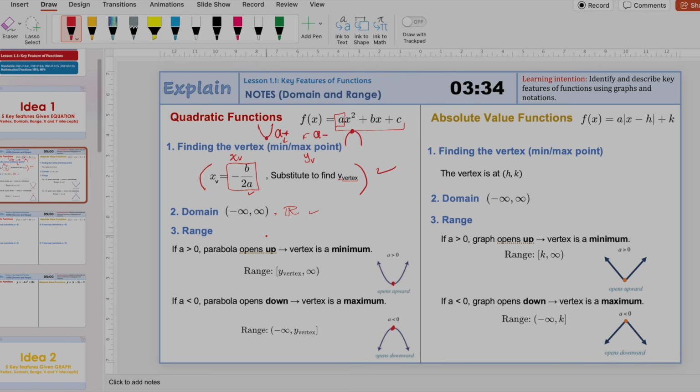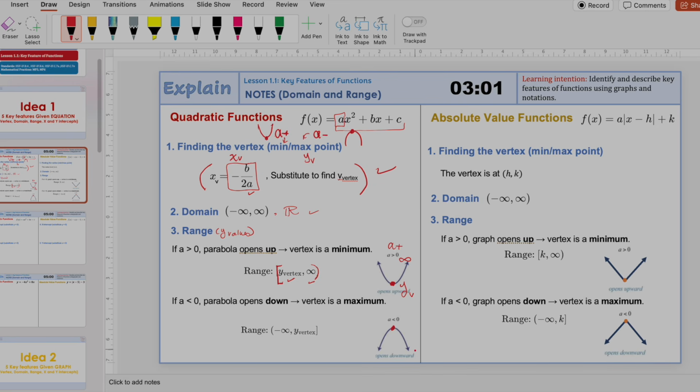Okay, the range is 2 types, either for when it's open upward or downward. If it was open upward, means that my a is positive. The range will be, because the range represents y values, from the y of the vertex to infinity. Okay, the y of the vertex is included, it's part of the function, and the infinity is always open.